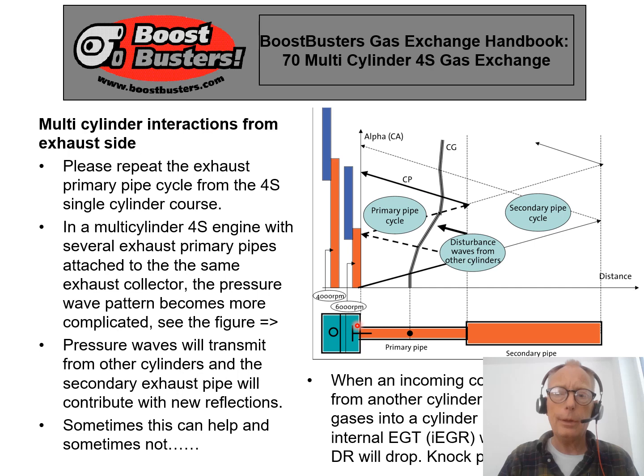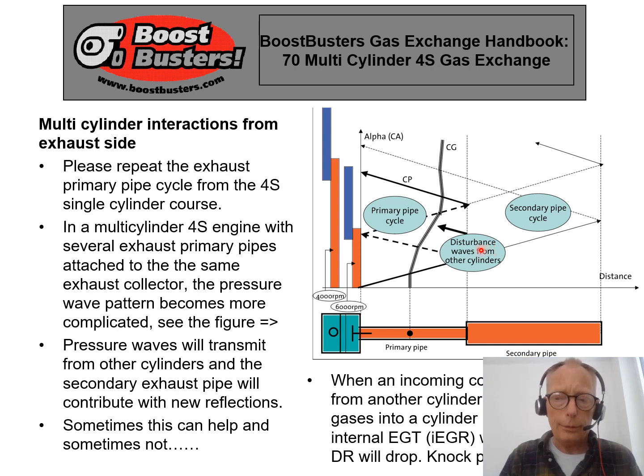We have secondary pipe reflections, which are coming from downstream parts of the exhaust system, which could also happen in a single cylinder engine. It could be the secondary pipe presence in itself. It could be catalytic converters and silencers. But even more complicated, we have neighbors.